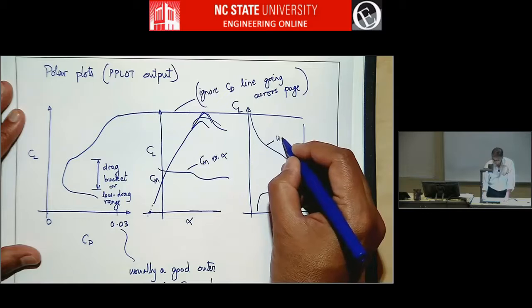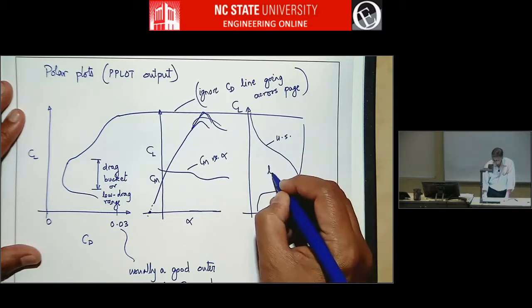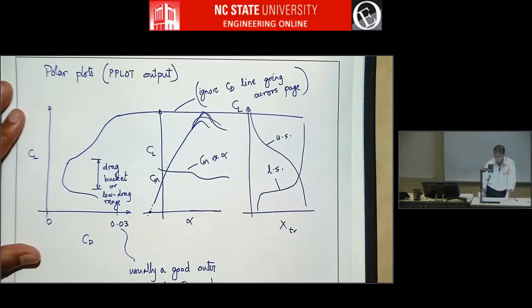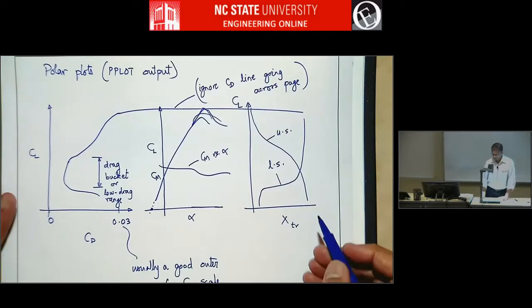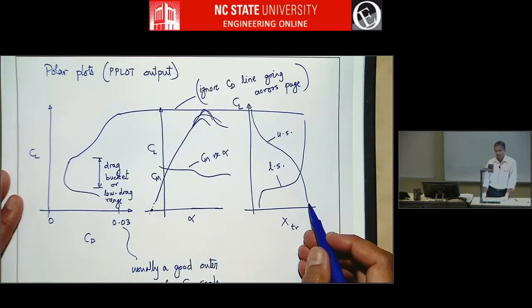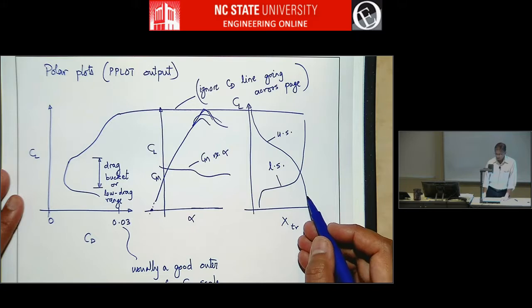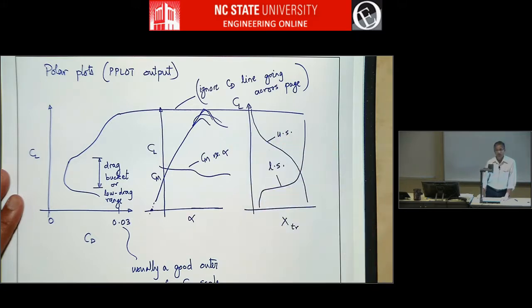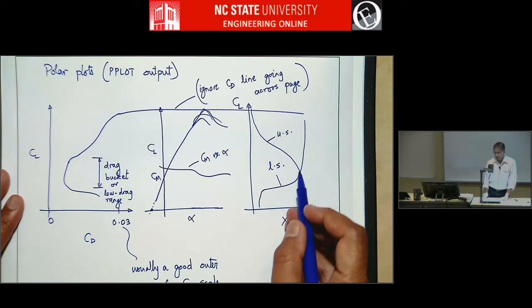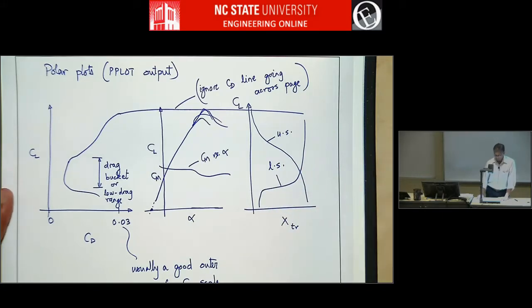So this is upper surface and this is lower surface. Upper surface transition always moves from trailing edge to leading edge as you increase lift coefficient, and lower surface transition will move from leading edge to trailing edge as you increase lift coefficient.